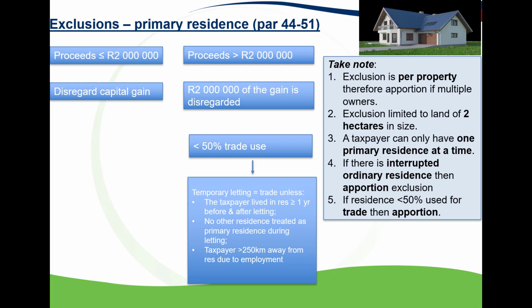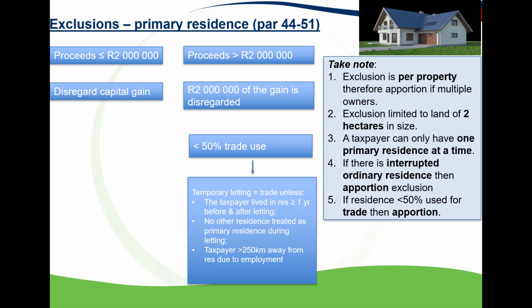So temporary letting is trade unless the following applies. These are "and", not "or", so all these scenarios must apply for the temporary letting to not be regarded as a trade.